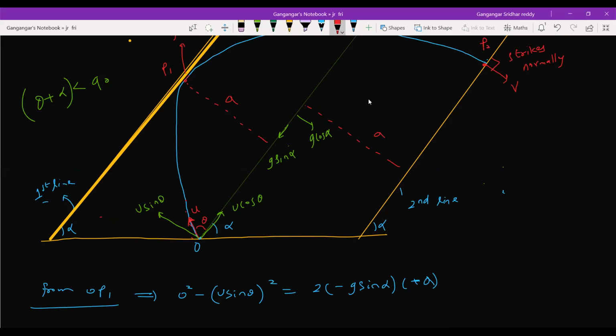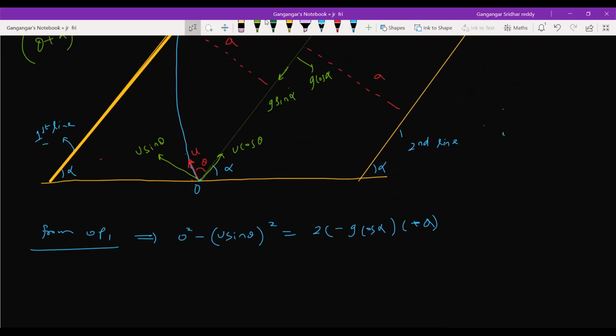So solving this, I get the expression for a equals u square sine square theta by 2g cos alpha. Keep this equation in hand.